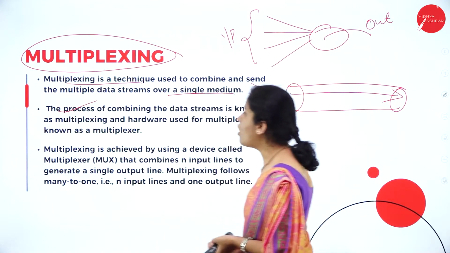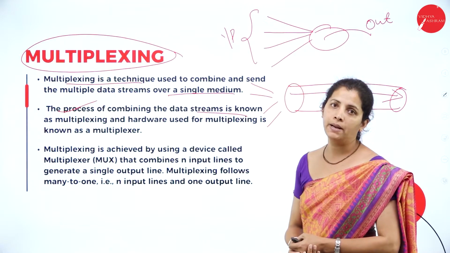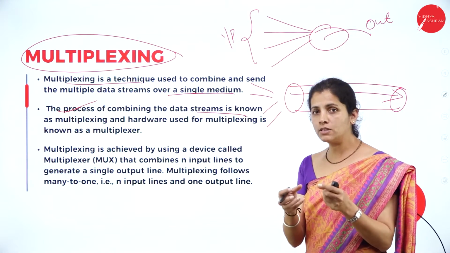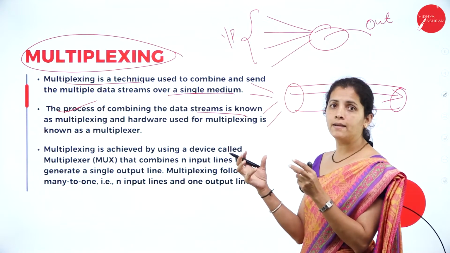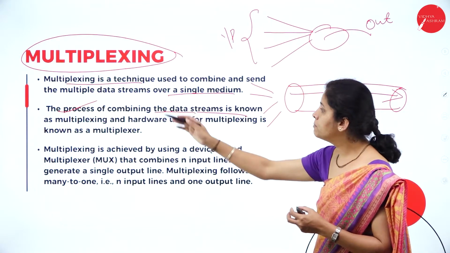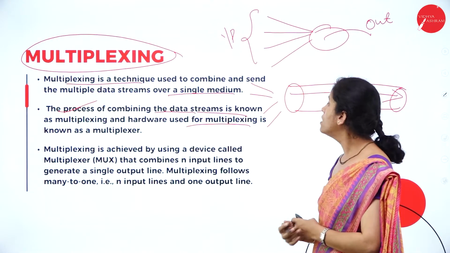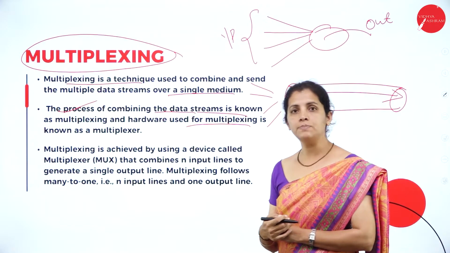The process of combining the data streams is known as multiplexing. The hardware used for multiplexing is known as a multiplexer.